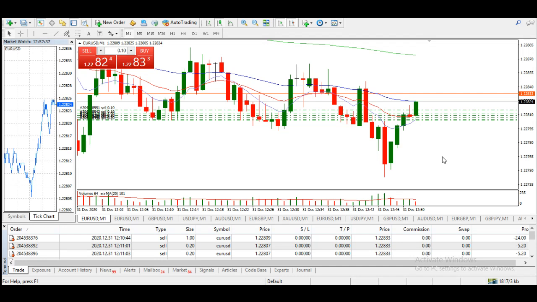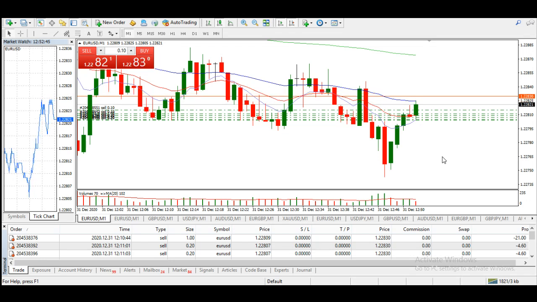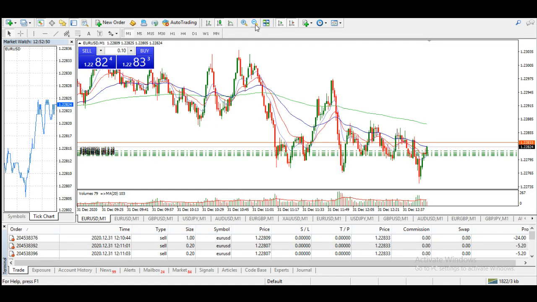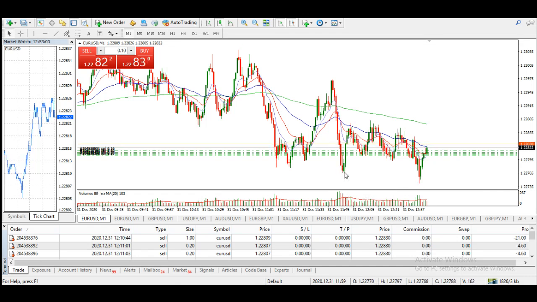Price again has retraced toward the resistance areas one by one, and from there it will start trending down. As you can see, the last bottom was broken. As I have told you, here it was broken, the last bottom.